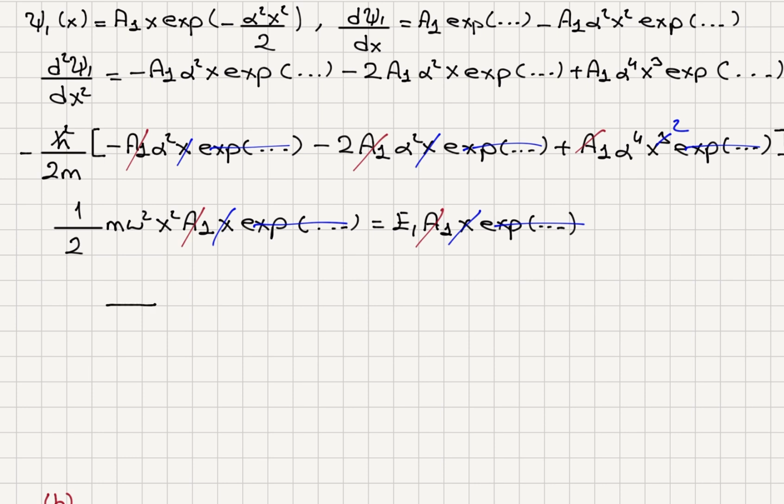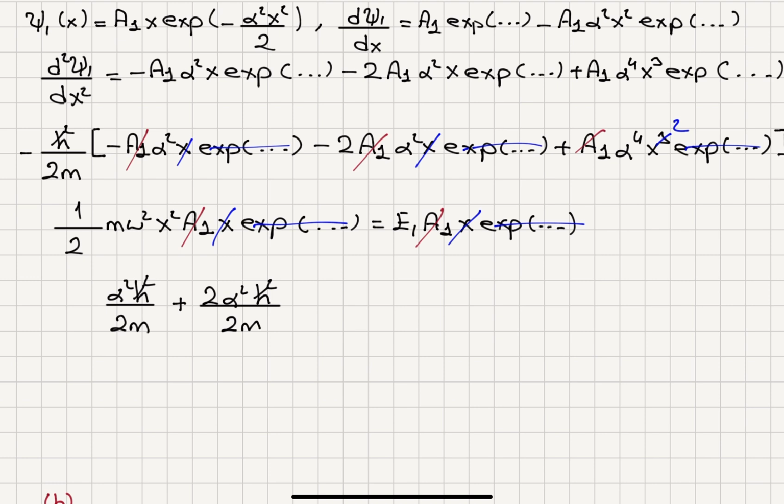And then the second term, minus minus plus 2 alpha squared h bar squared divided by 2m.